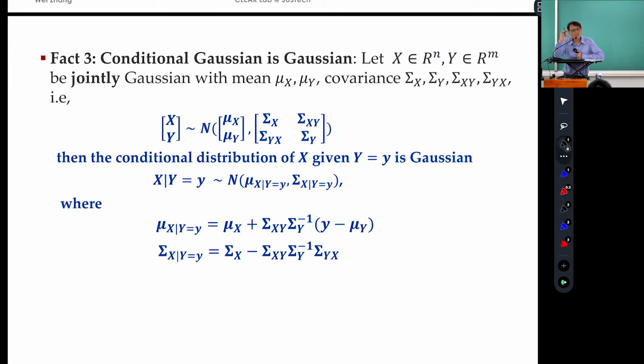That's the short summary of the fact. Precisely what I mean is that let X and Y be jointly Gaussian. What does jointly Gaussian mean again? I put them together. It's a joint Gaussian random vector in R^(n+m).